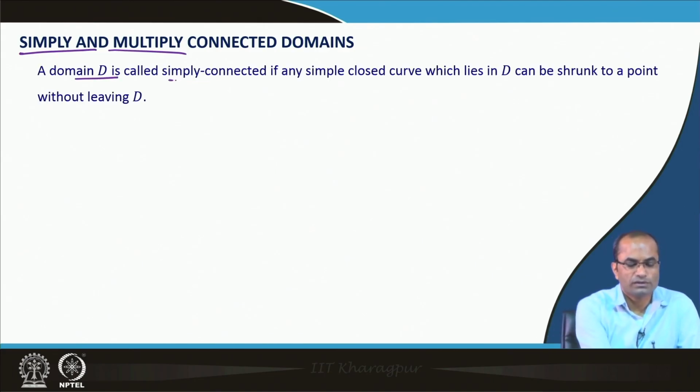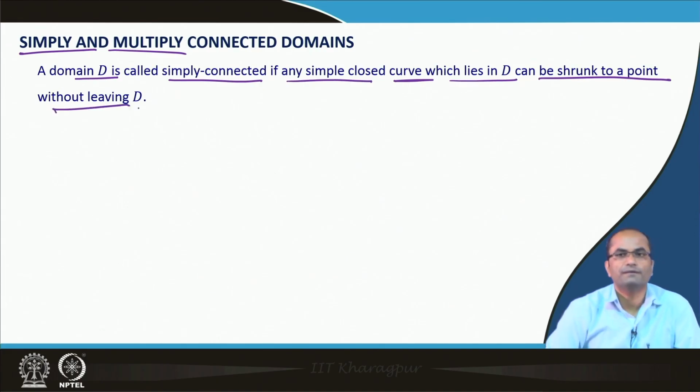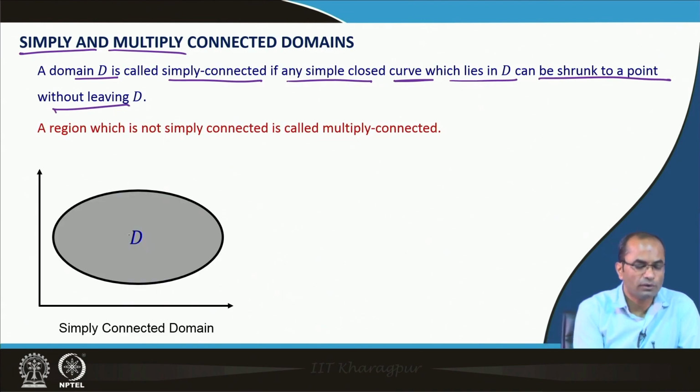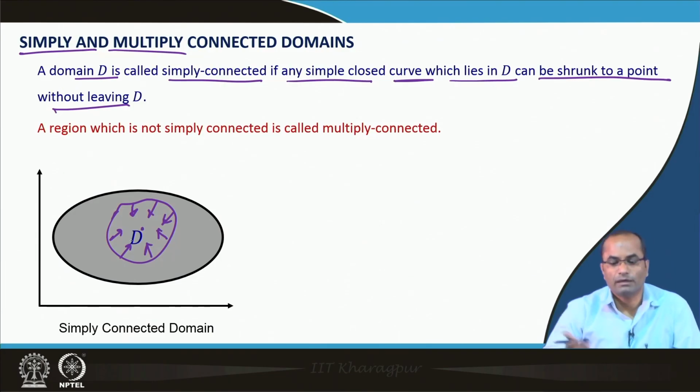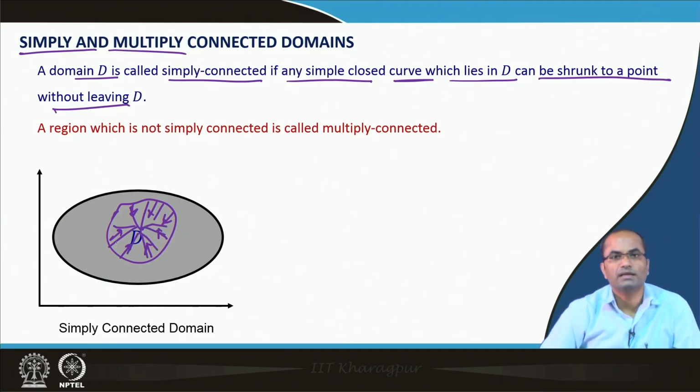A domain D is called simply connected if any simple closed curve which lies in D can be shrunk to a point without leaving the domain D. That means, this is the domain D, we can take any simple closed curve here and this curve can be continuously shrunk to a point without leaving the domain. So, this is what we call a simply connected domain.